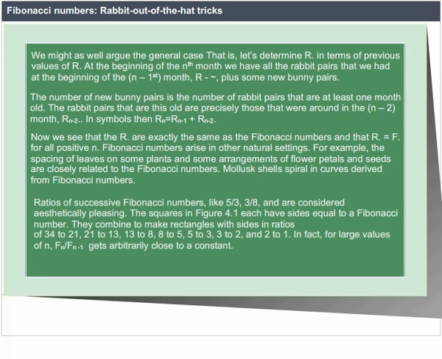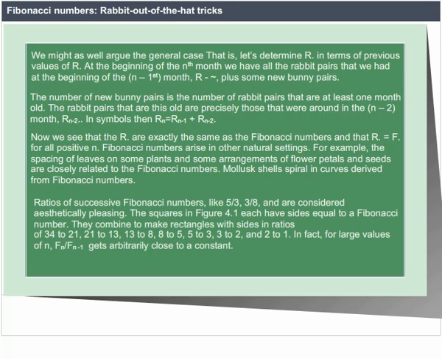The squares in figure 4.1 each have sides equal to a Fibonacci number. They combine to make rectangles with sides in ratios of 34 to 21, 21 to 13, 13 to 8, 8 to 5, 5 to 3, 3 to 2 and 2 to 1.